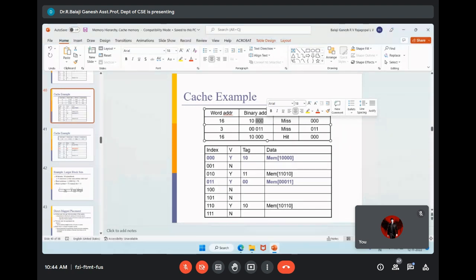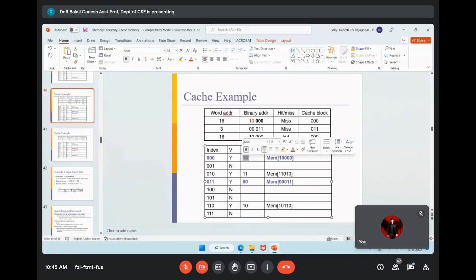The lower order 3 bits are used as index bits, and the higher order 2 bits are used for tag. The lower order 3 bits 000 are searched here, and the higher order 2 bits 10 are matched here. Once it is valid, yes, then we access the data from that cache block. Okay, so any doubt in this example?